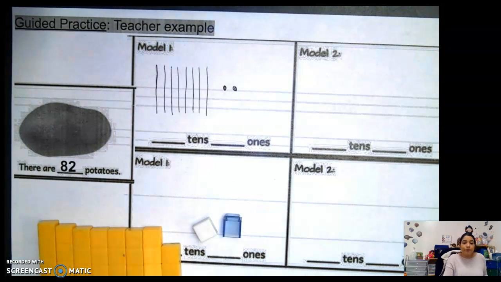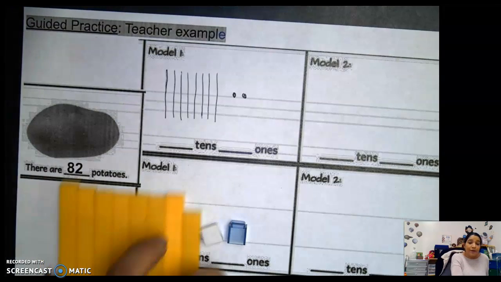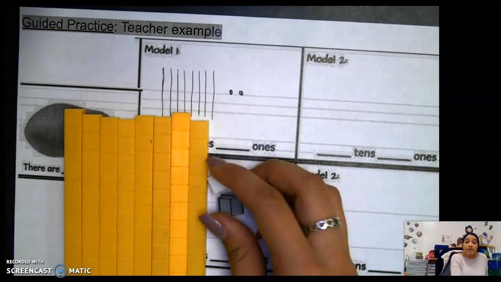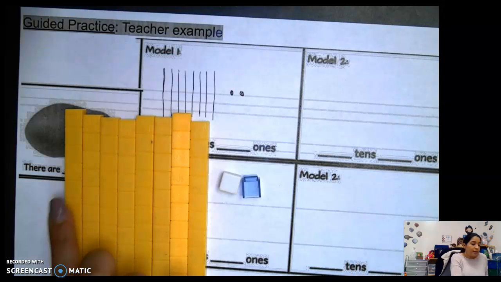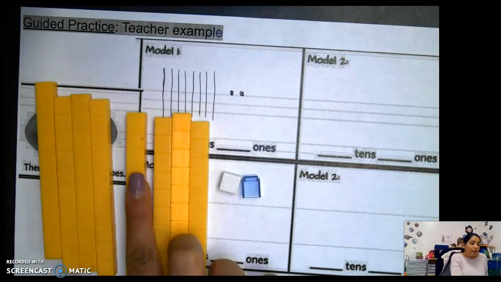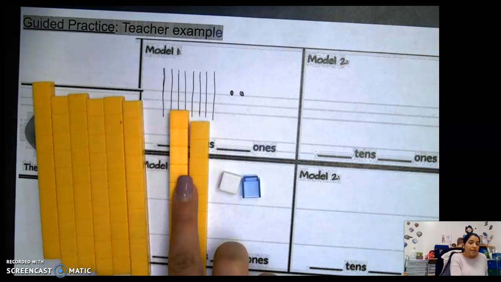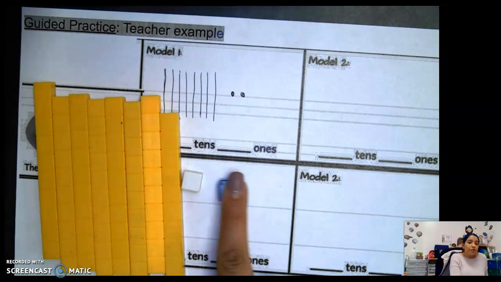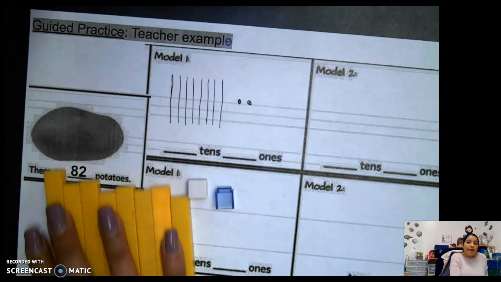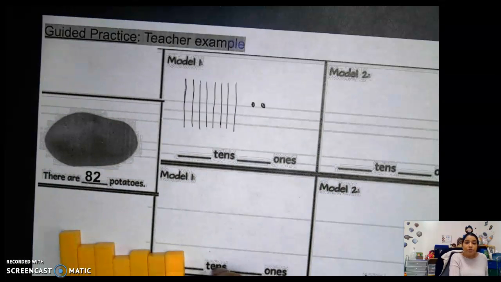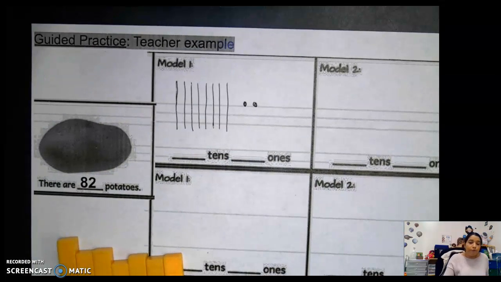If we count by tens, we know that this makes 82 because we can count it. 10, 20, 30, 40, 50, 60, 70, 80, and then 1, 2. So we have 82. This is our picture of 82 in one form.